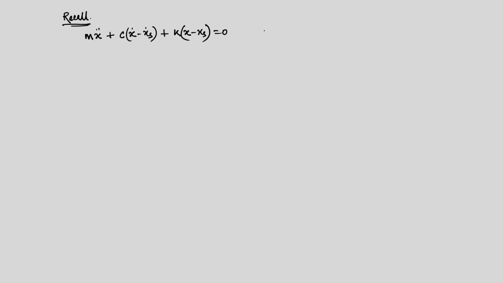Now, let us imagine a new variable u, which is the relative deformation, and that is equal to x minus x s. So, u is the relative deformation with respect to support.